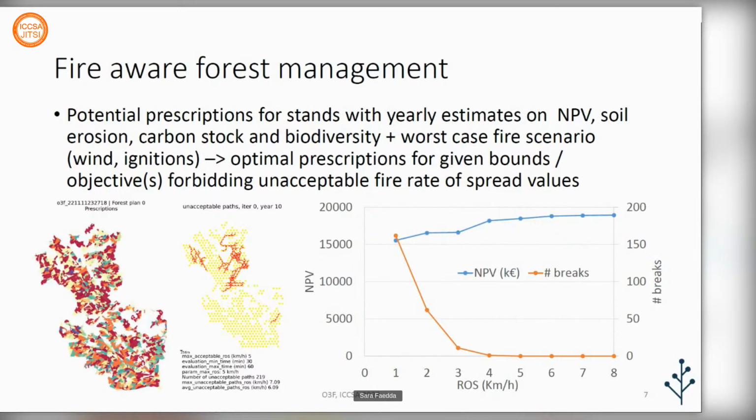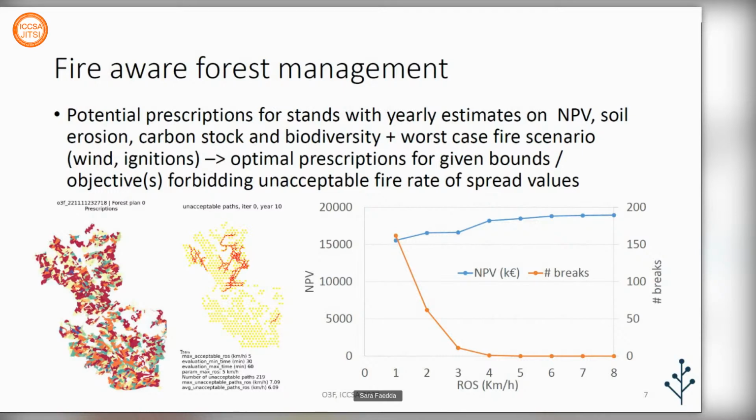We repeat that until there are no fire paths above a given threshold, and this is what this graph represents. More or less, if we set a fire path threshold of 8 kilometers per hour, it means that we do not accept any set of prescriptions that will lead to a fire path higher than 8 kilometers per hour.